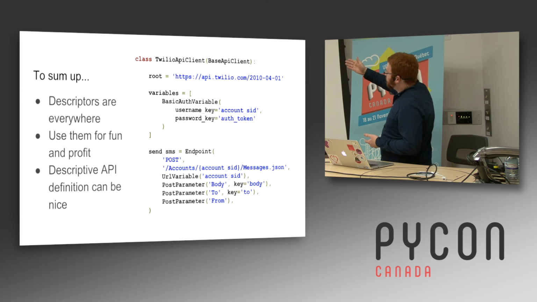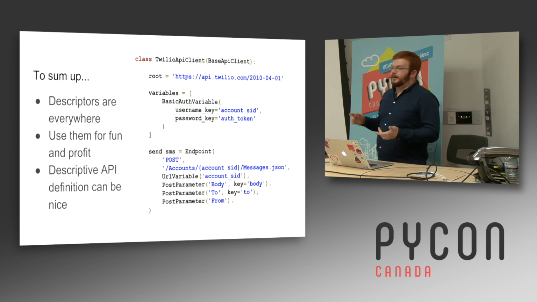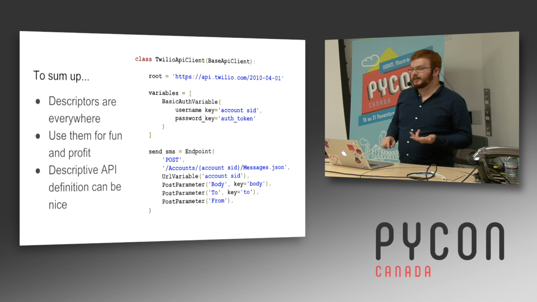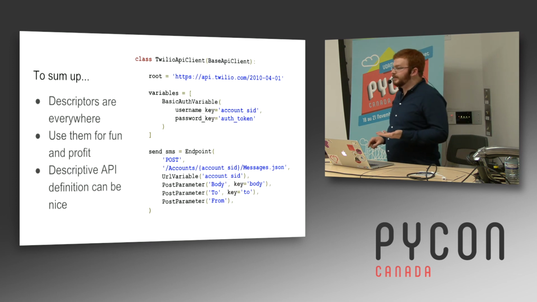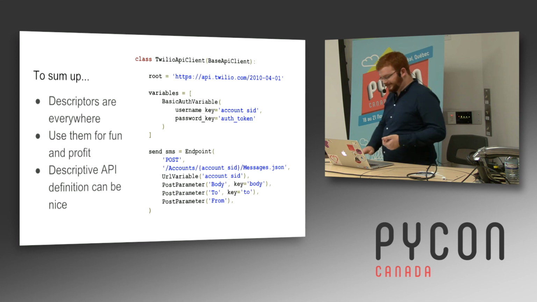For example, if I initialize this client, I could call send SMS as a method, and it would perform any transformations to arguments that I passed it in order to send that request over HTTP. Descriptors are everywhere. They're in your implicit self, they're in the class method, static method, and property decorators. You can use them and you can have some fun.